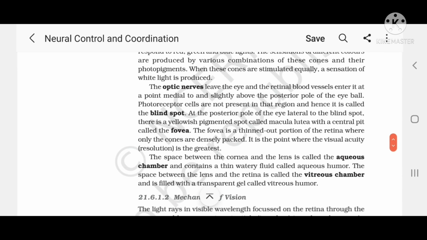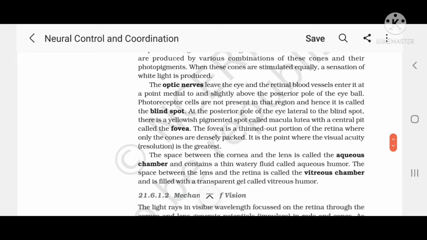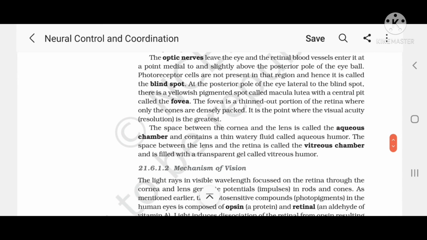The sensation of different colors is produced by various combinations of these cones and their photopigments. When these cones are stimulated equally, a sensation of white light is produced.